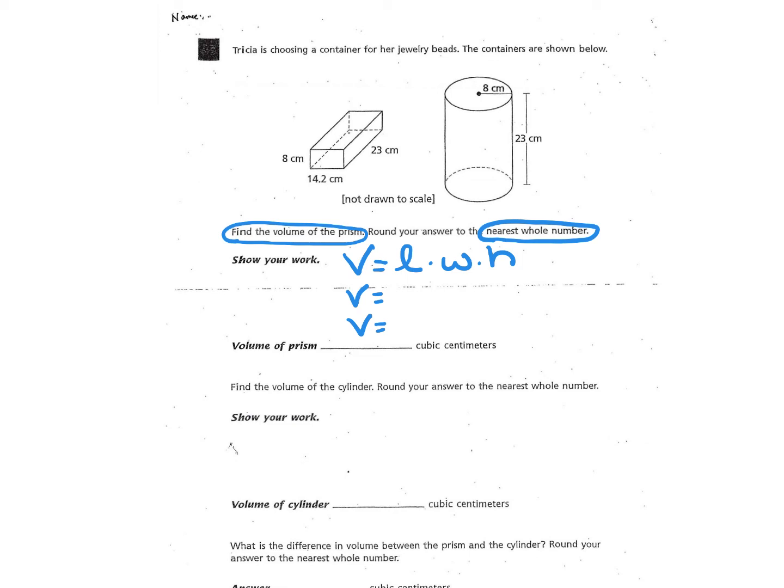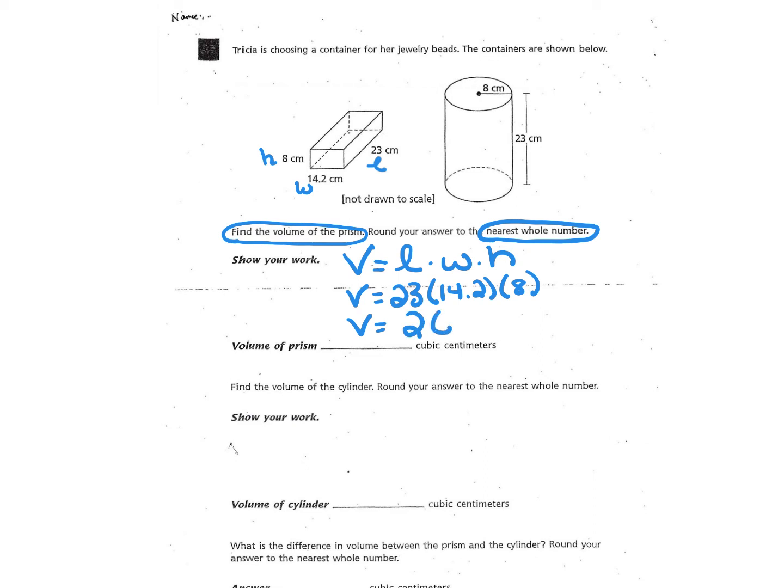We're going to take a length of 23 times a width of 14.2 times a height of 8. Grab our calculators, everyone, and punch it in. 23 times 14.2 times 8 and hit equals.